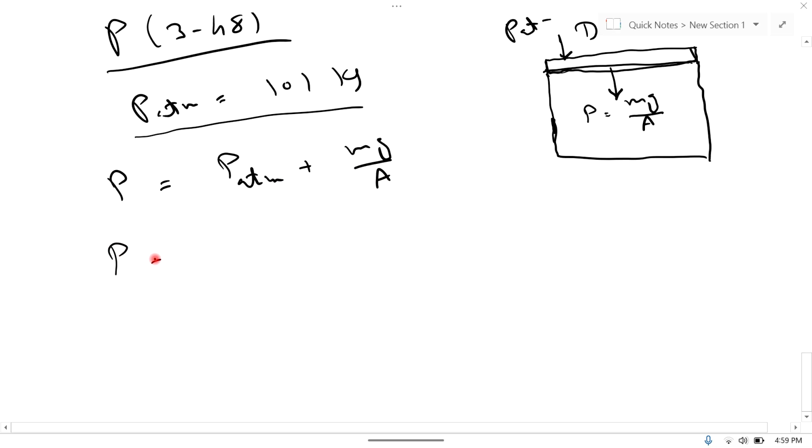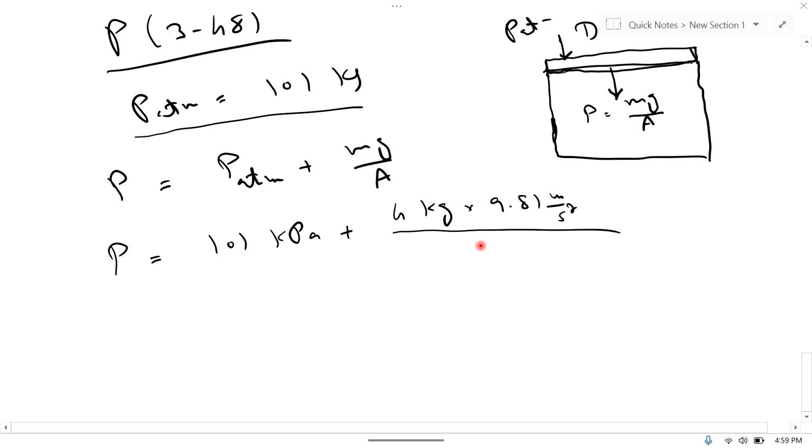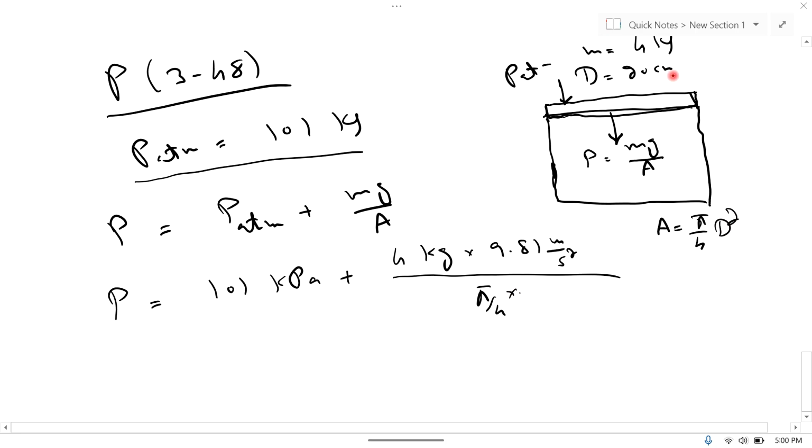So atmospheric pressure is 101 kilopascal, mass of the lid is 4 kilogram, the value of g is 9.81 meter per square second, and A is equal to pi by 4 d square, where the value of D is 0.20 meter.